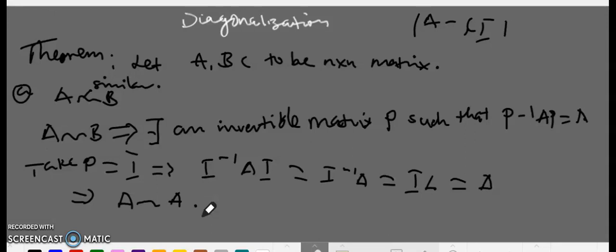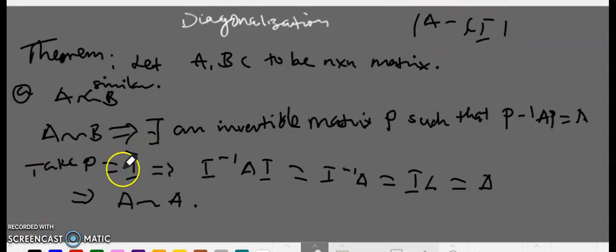This is the first one, and we've proven that A is similar to A, because we started by saying that if A is similar to A, it implies that there exists an invertible matrix P such that P inverse of AP is equal to A. Then we take P to be an identity matrix, as in the previous video when we talked about identity.